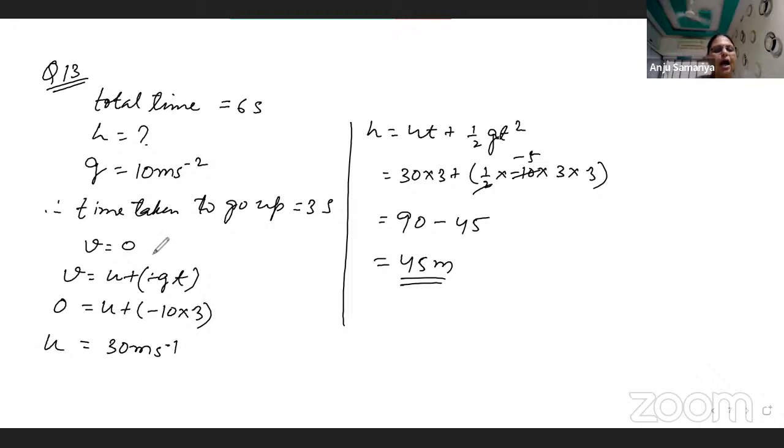While going up, V will be 0, right? G will be negative. So 0 is equal to U minus GT. So you get U is equal to 30 meters per second. And H is equal to UT plus half GT square. So 30 into 3 plus half into minus 10 into 3 into 3. So you get the height as 45 meters.